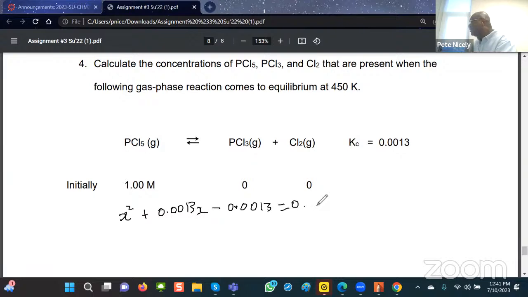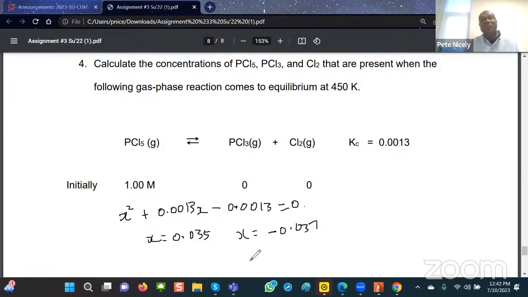Okay, so there are two possible answers in this case. One of them for X would be 0.035, and the other one would be minus 0.037. All right.